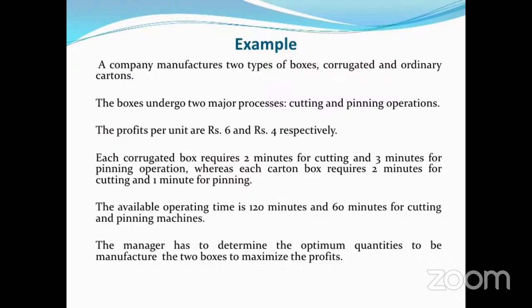Let X be the number of corrugated boxes, let Y be the number of ordinary cotton boxes. Those are the symbols given to the decision variables. Then we can convert the objective of the business into an objective function. So the objective function is maximize. Whenever you write an objective function, Z is the symbol we use.